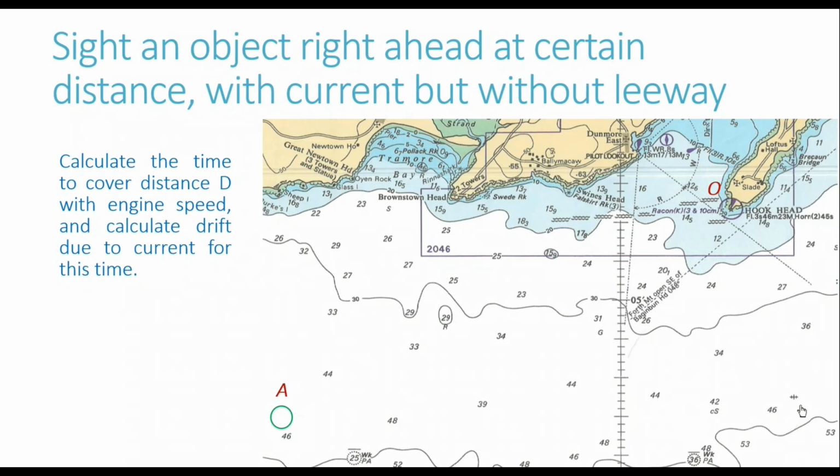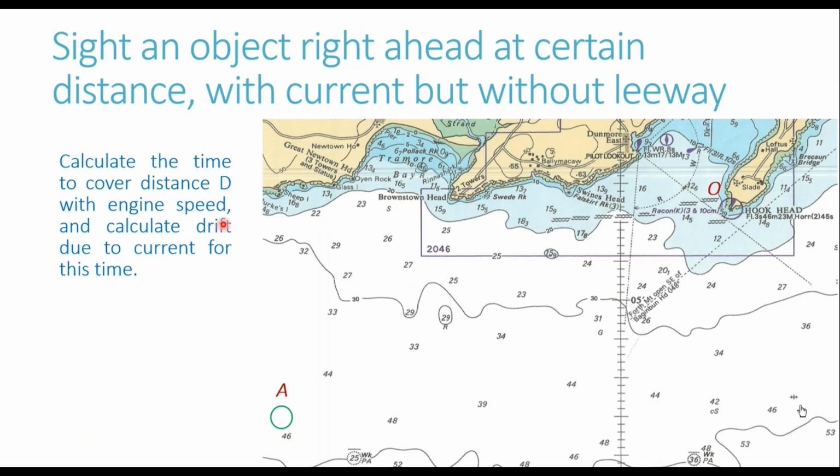Let's assume our engine speed is also 12 knots. So we know that we require 1 hour to cover this distance. This is the first step: calculate the time required to cover the given distance D using the engine speed. Once you have that time, we can proceed ahead.